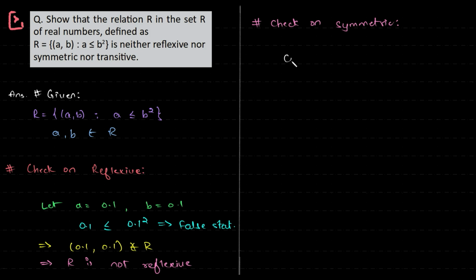So let's consider 0.1 and 1, right? Again, we're looking at a fraction, because fractions are the ones that reduce when we square, so that is always the case. So we have 0.1 less than or equal to 1 squared. This implies (0.1, 1) will belong to R. Now consider (1, 0.1), the opposite of that.